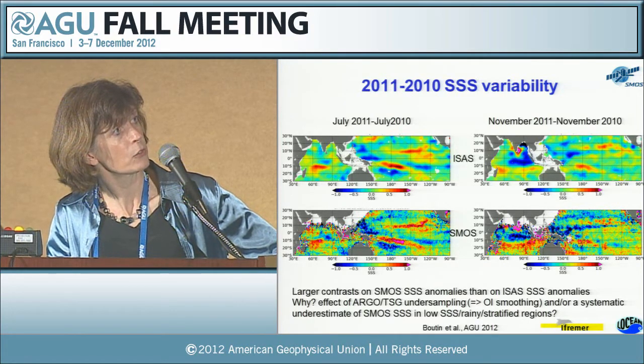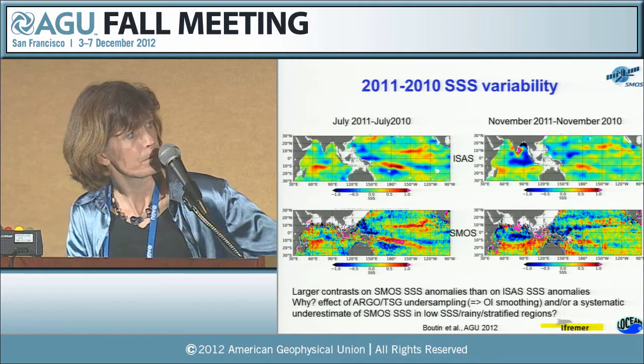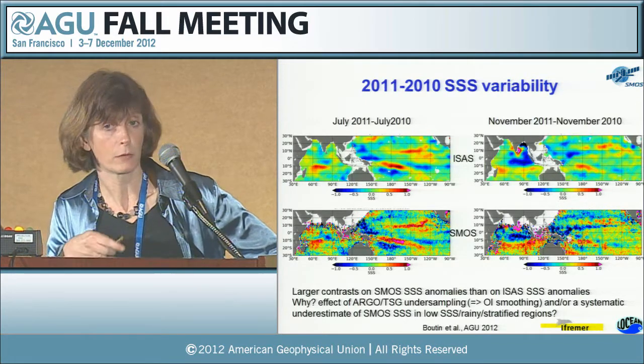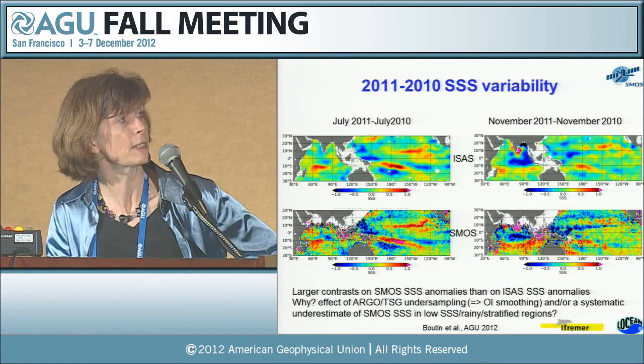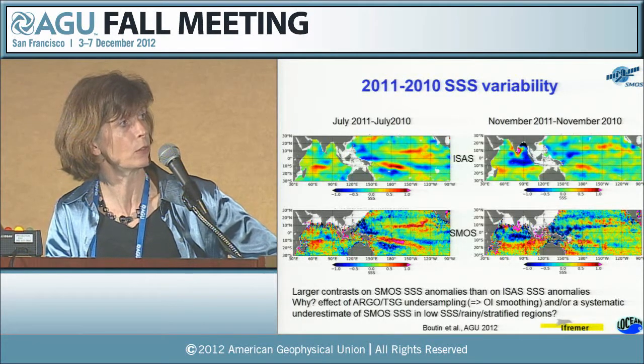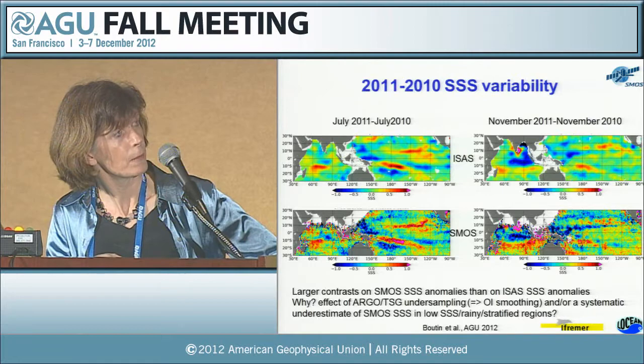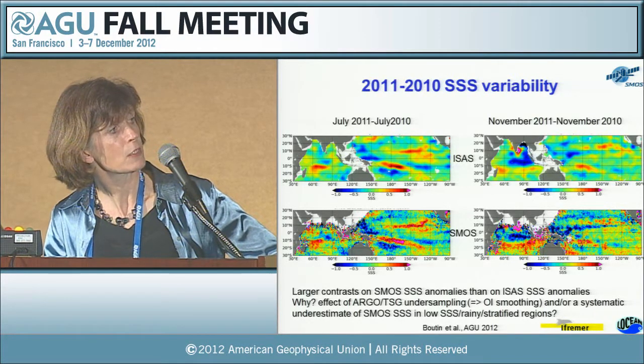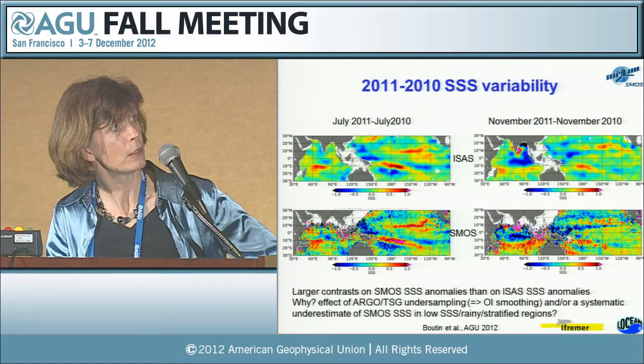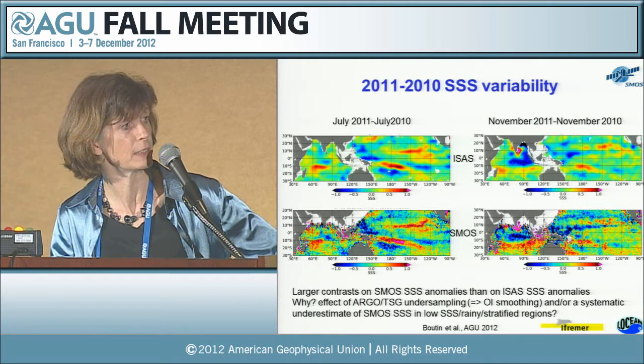And similarly in November, you can see that similar patterns are seen. But when you're looking at monthly anomalies like that, we always saw that the extrema, like this positive anomaly here, are stronger on SMOS than on the in situ analyzed data.